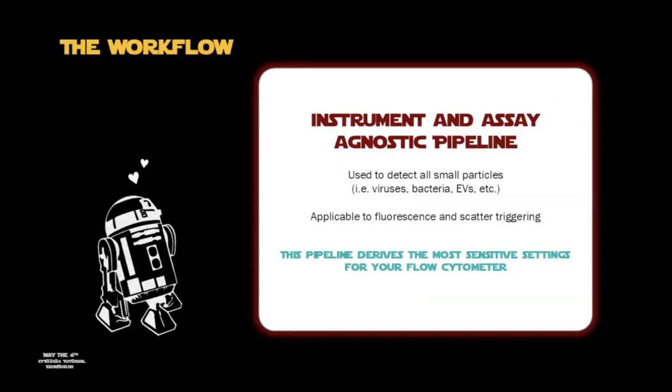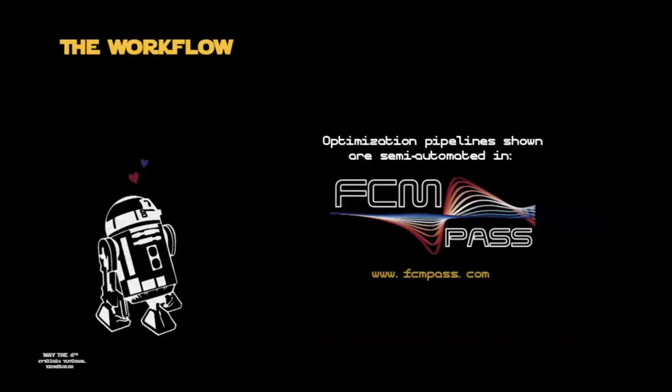And what is the most important thing for you to know is that this pipeline will help you calibrate your data, and it will also help you derive the most sensitive settings for your flow cytometer. So this method utilizes a software that was developed by Josh and is currently being distributed by the Measuring Stick.